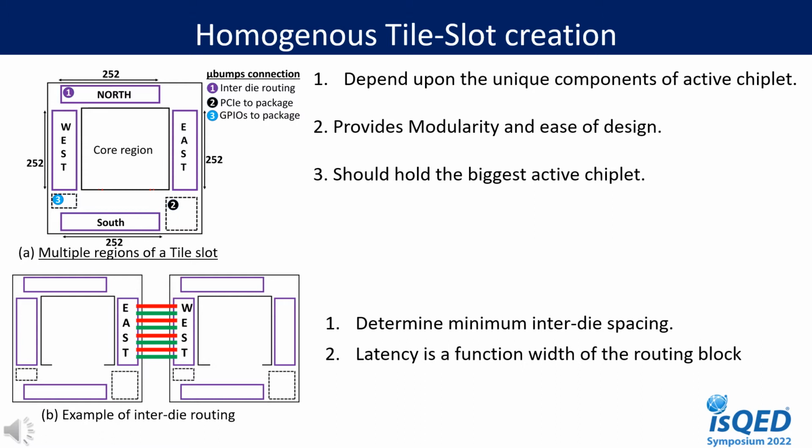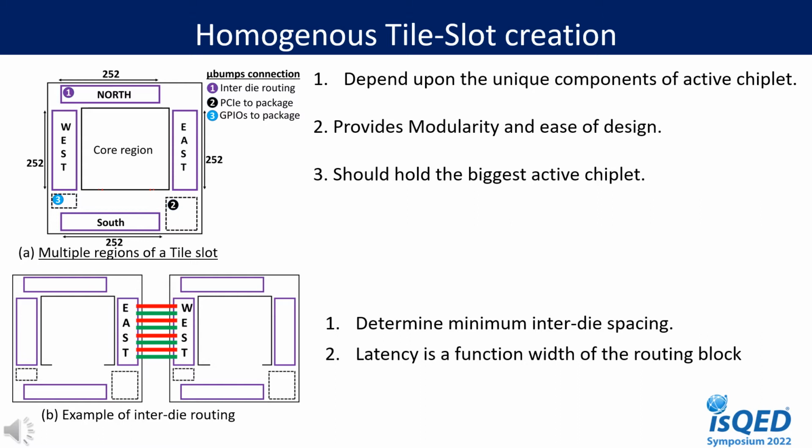And the third region is a custom region where we can design PLLs, where we can design power management circuitries and so on. So this region 3 can exist anywhere within the tile slot, unlike the micro bumps for inter-die connectivity. Same with the PCIe and special IP slots of the tile slot itself.